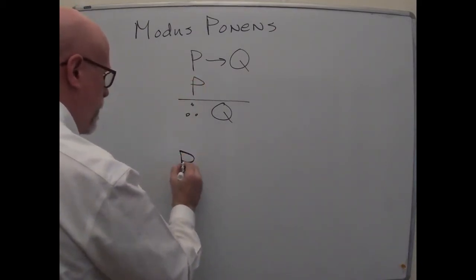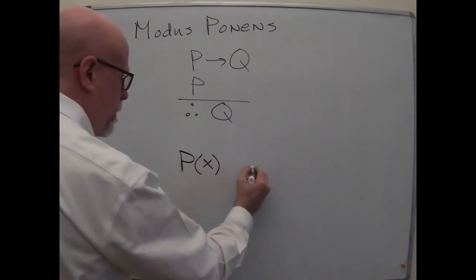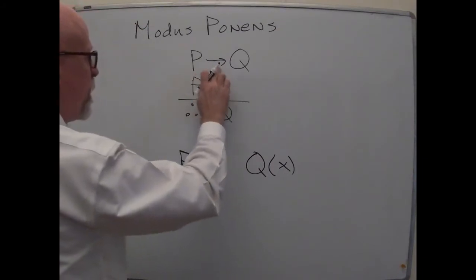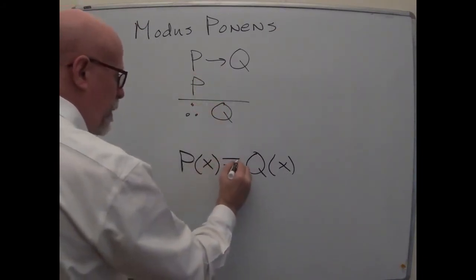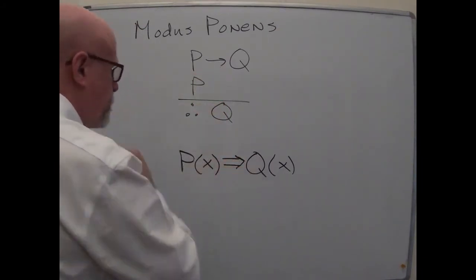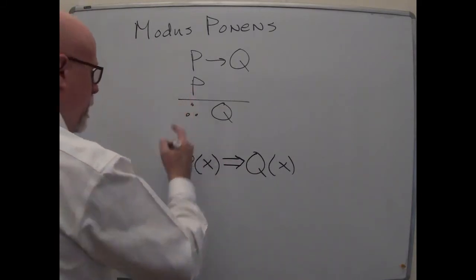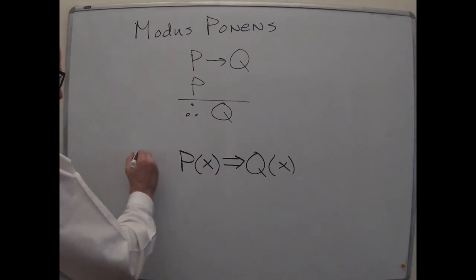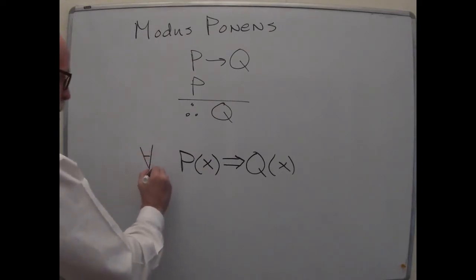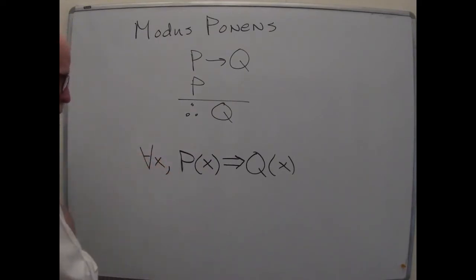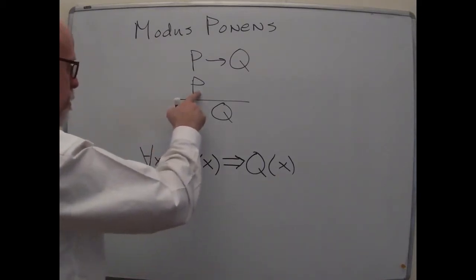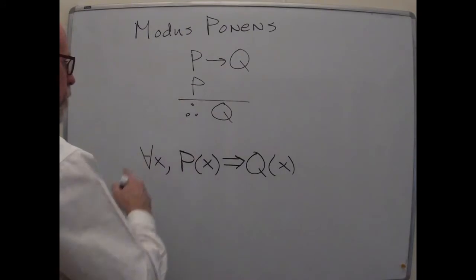If I have P of X and Q of X, also remember the if-then arrow turns into this double wide arrow now. And this sentence needs a quantifier. So the universal version of modus ponens quantifies it as for all x, P of x implies Q of x. Now, there's two variants, and I'll give you the first one first.